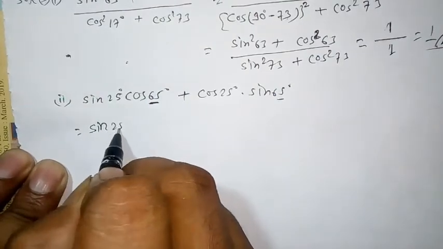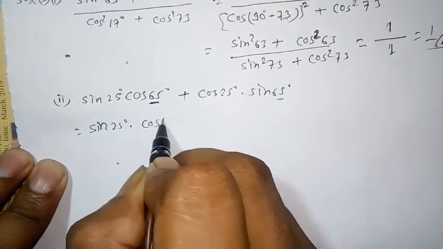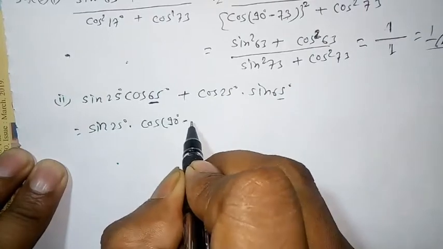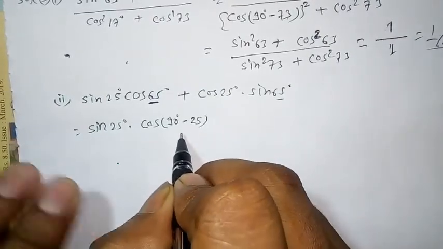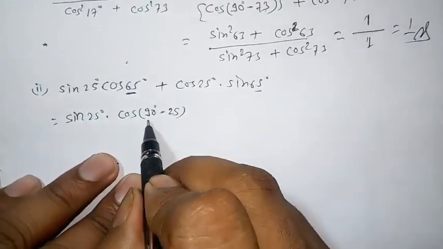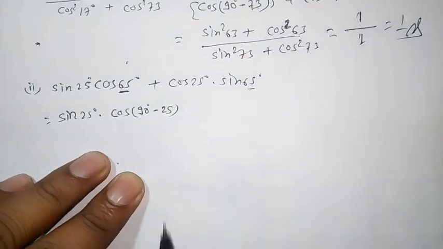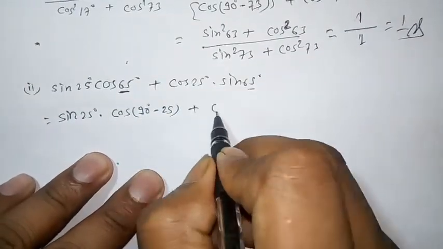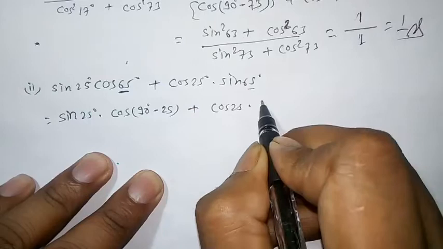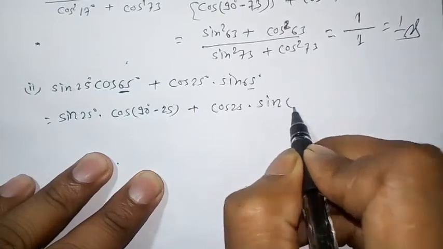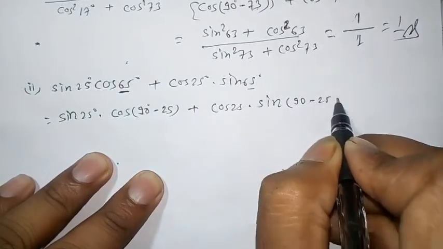Then sin 25 degree into cos (90 degree minus 25). We subtract 25 from 90, then we get 65, plus cos 25 into sin (90 minus 25).